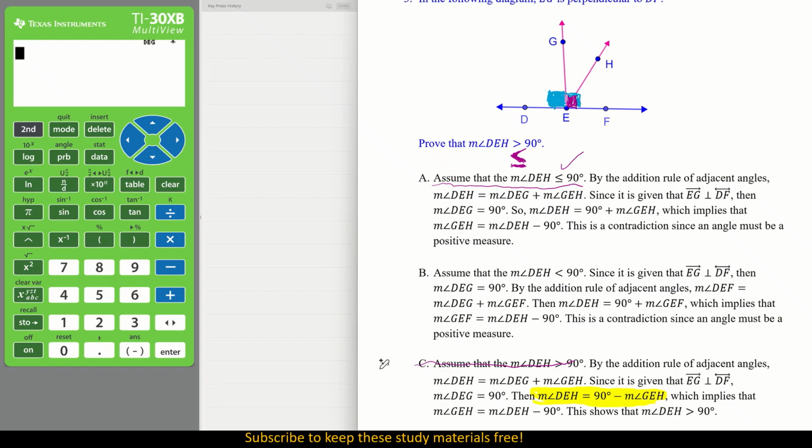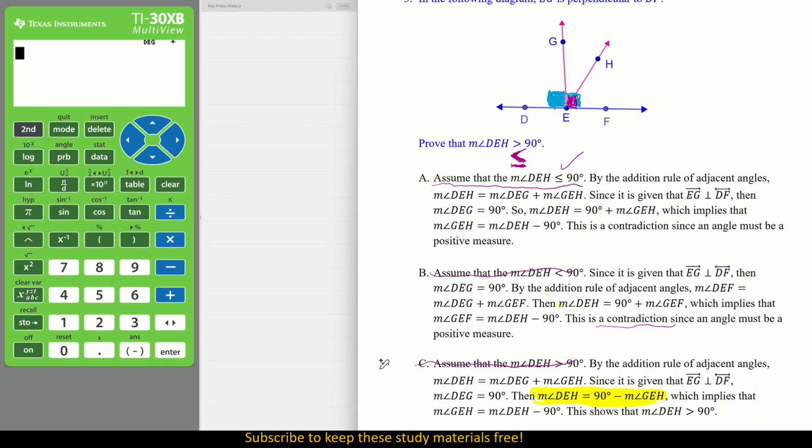So now let's look at B. With these, it's best to pick through them like this instead of reading the whole thing. Pick through what doesn't make sense. The first thing I want to look for in B, I don't like the start. Then I'll go down to the others. I like the fact that it says it's a contradiction, which is what A says. A also says this is a contradiction since an angle must be a positive measure. I like that. However, I don't like this part right here.